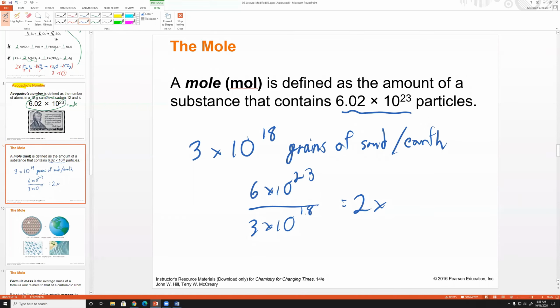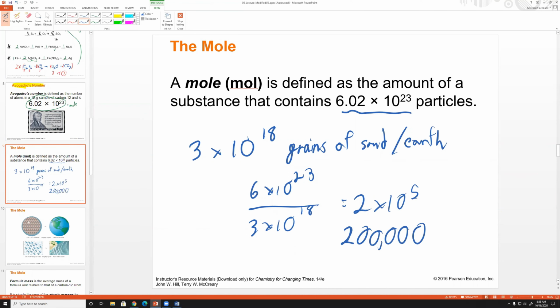For those of you who like math, what's that equal to? 10 to the 5th. Perfect. You subtract the 2 exponents. So 2 times 10 to the 5th is 2 and 5 zeros. So that's 200,000.